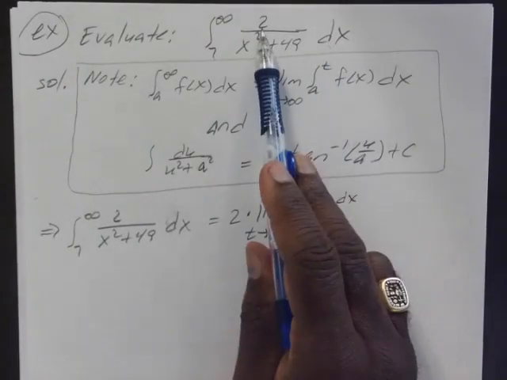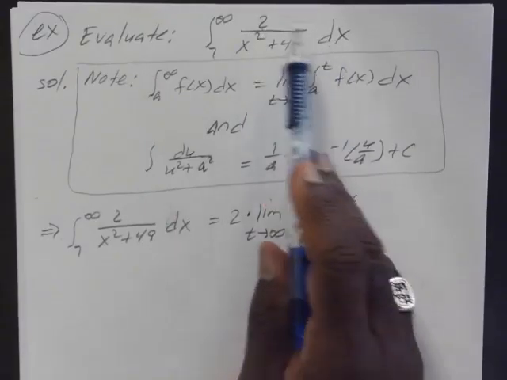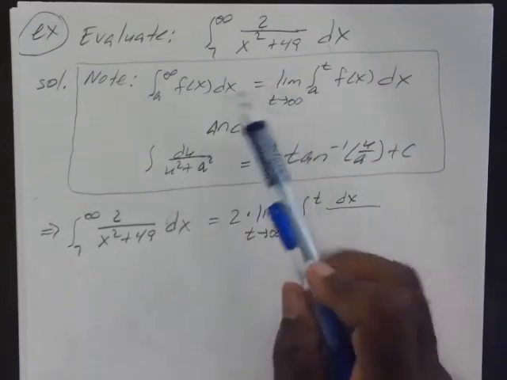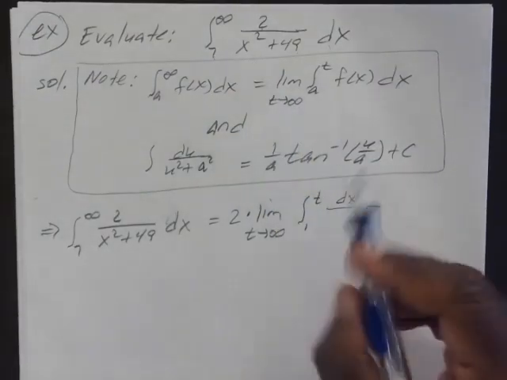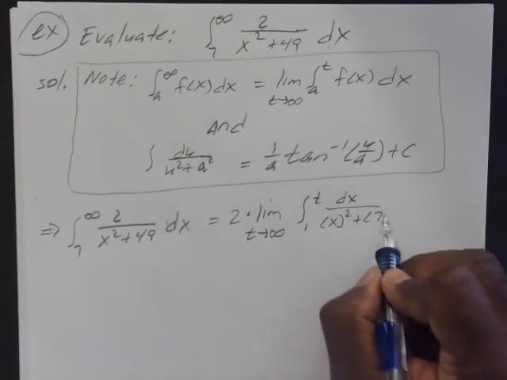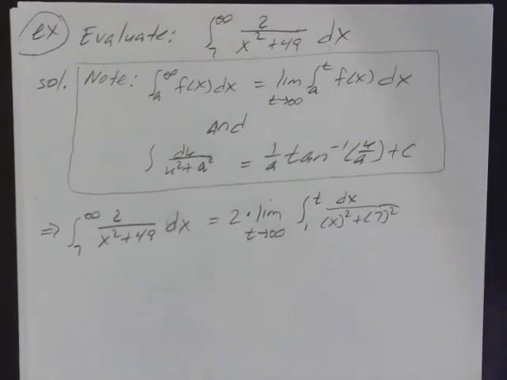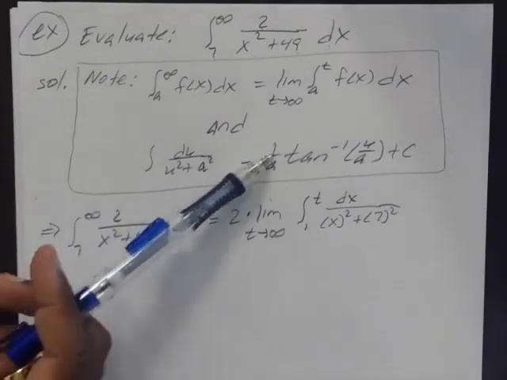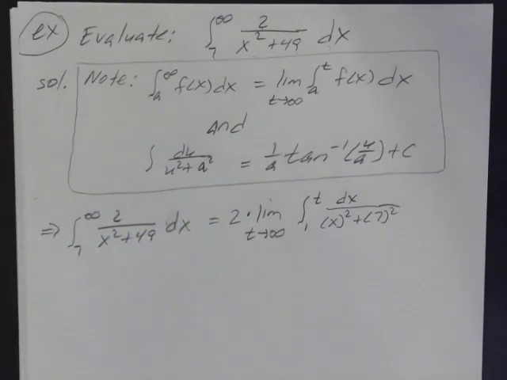We can get that dx and move it right up top. You don't have to, but it helps to put it in the right form. Divided by, and instead of x squared plus 49, we're going to say x squared plus 7 squared. Because now it fits into our integral that results in an inverse trig function.